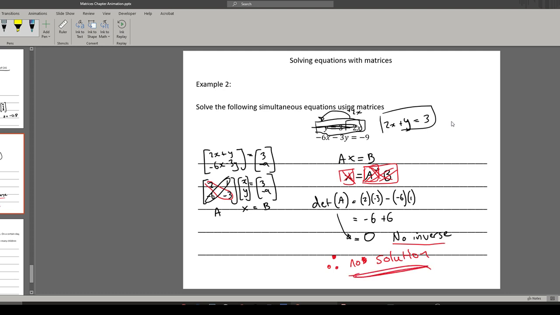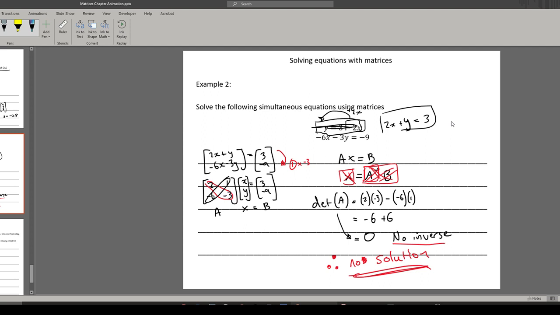Okay? And the same would hold if you tried to solve these using elimination or substitution. You'd just get a whole bunch of everything being wiped out and zeros everywhere. Okay? And if you look really carefully, maybe someone might have noticed, this second equation is just the first one times by -3.